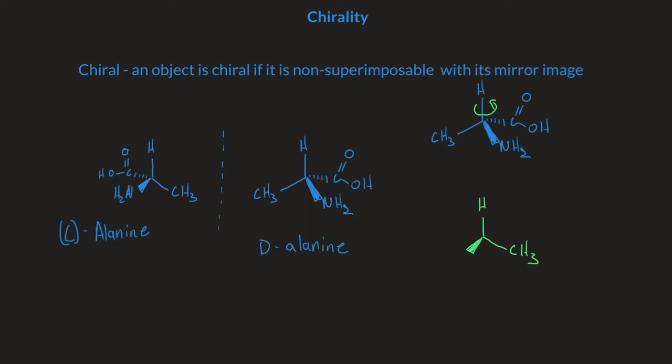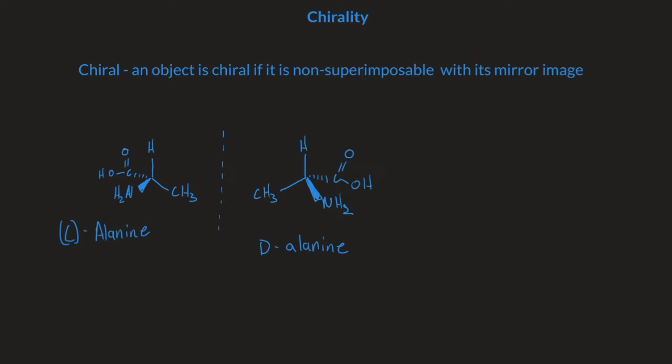But the carboxylic acid comes to the front, and the amine group goes to the back. So again, if I try and superimpose this on my starting material, I can line up the methyl groups and the CH, but the carboxylic acid and the amine are not in the same spot. And so this molecule, alanine, is chiral because it's non-superimposable with its mirror image.